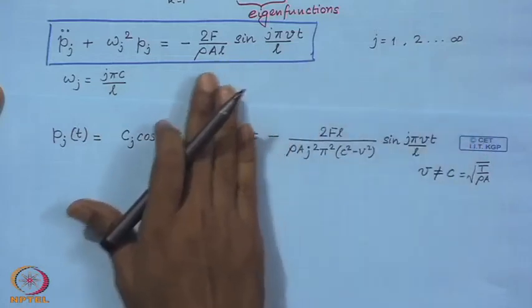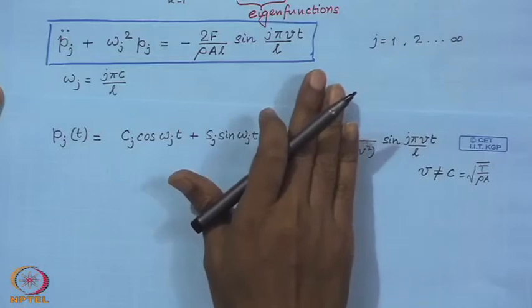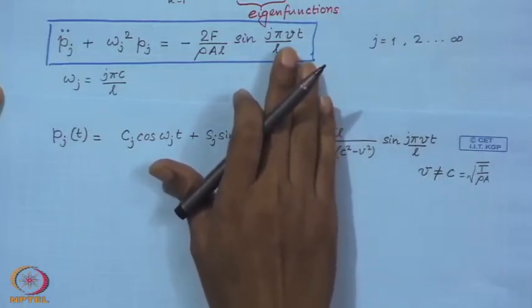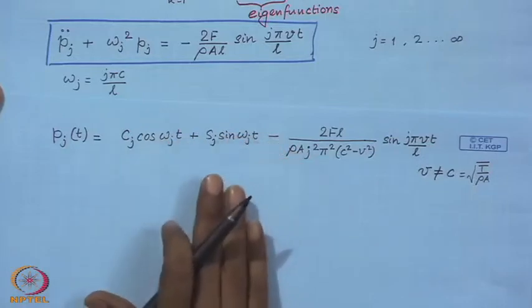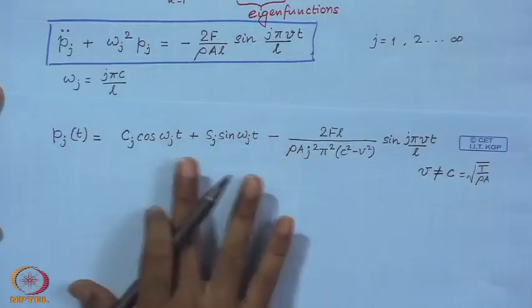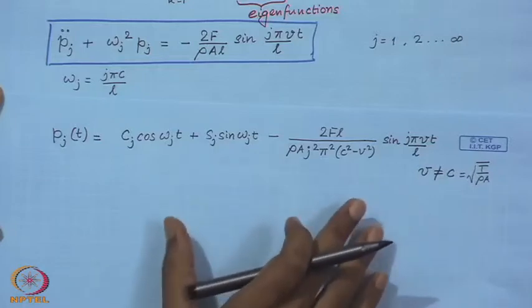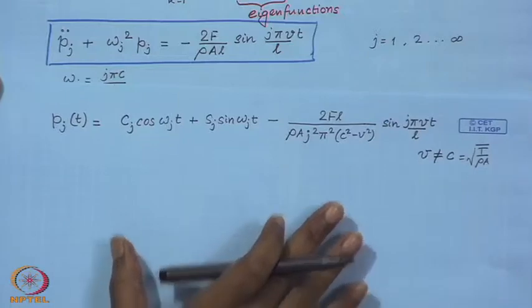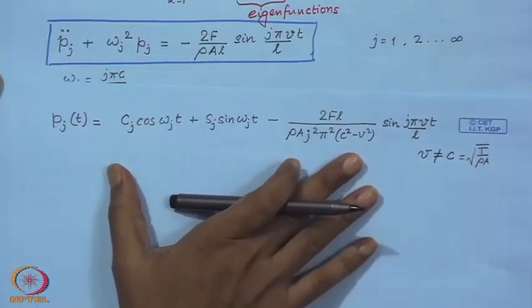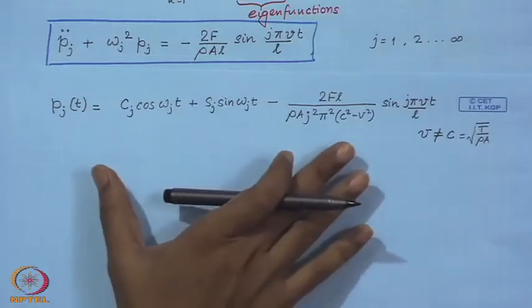So, all modes will be in resonance if V equals C. That would be a resonant forcing of the string and the solution is, as you know already, in a different form.